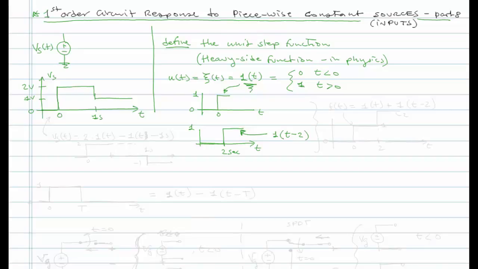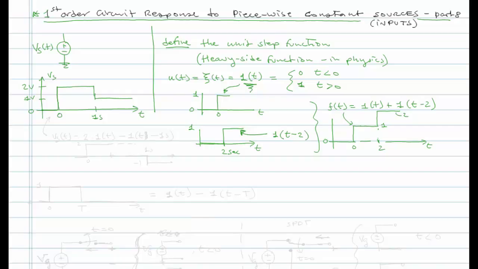So we could put both of these together. If we said consider some function f of t equal to 1 of t plus 1 of t minus 2, then what we would have is a function that starts out at 0, it goes to 1 at time 1, and then at time 2 it's going to jump up to 2. This is 1 and this is 2.